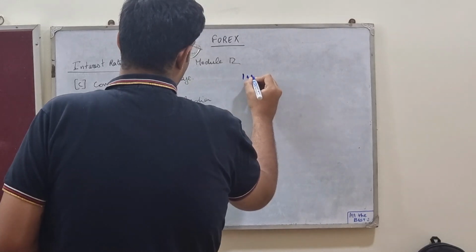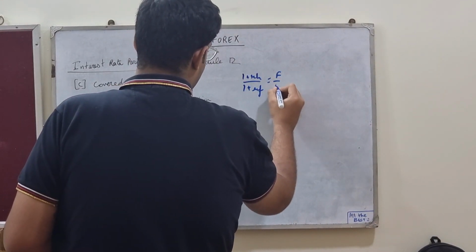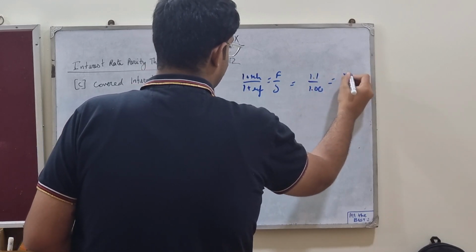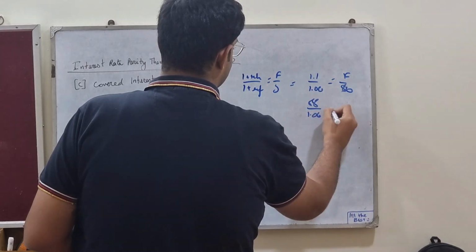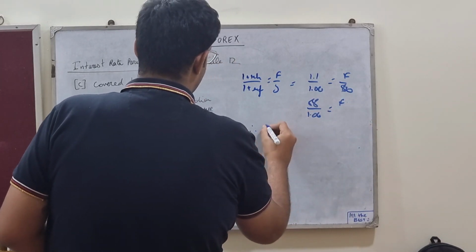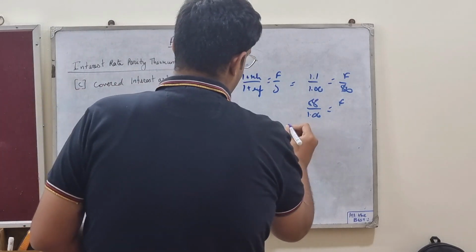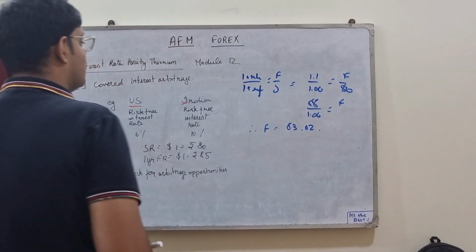So (1 + RH)/(1 + RF) = F/S, that is 1.1/1.06 = F/80, so F = 88/1.06. Therefore F should be 83.02.